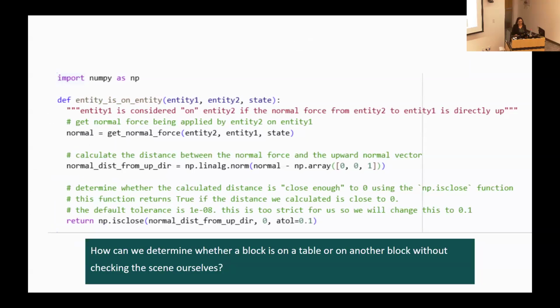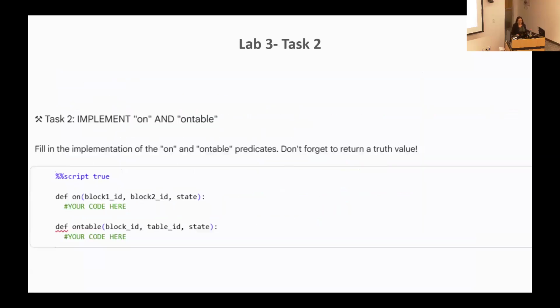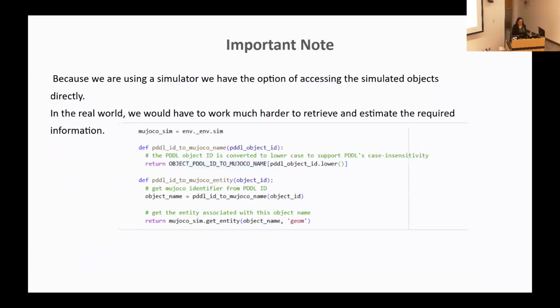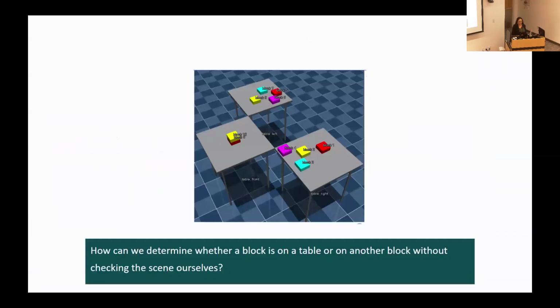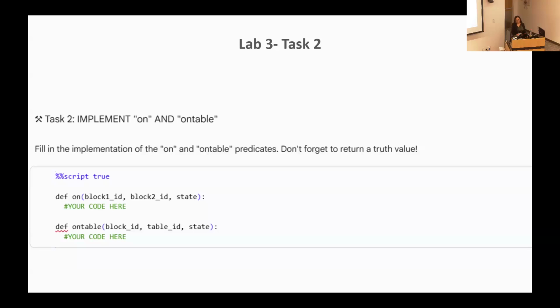So we're going to implement these predicates that we saw in the task planning task, where we had block A on B. We're going to actually implement it using the forces that are provided by the simulator. For that, I'd like you to do task 2 in lab 3. So defining these predicates, this population of the predicates, is part of the state estimation.